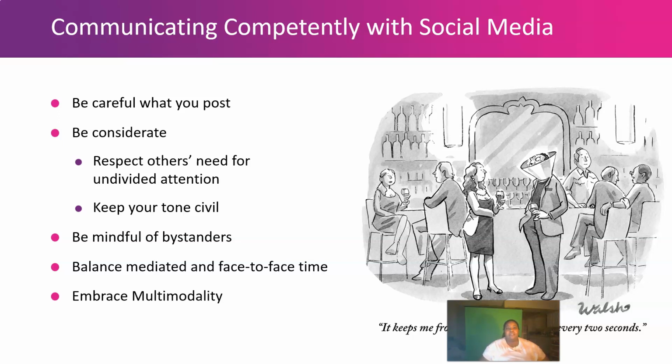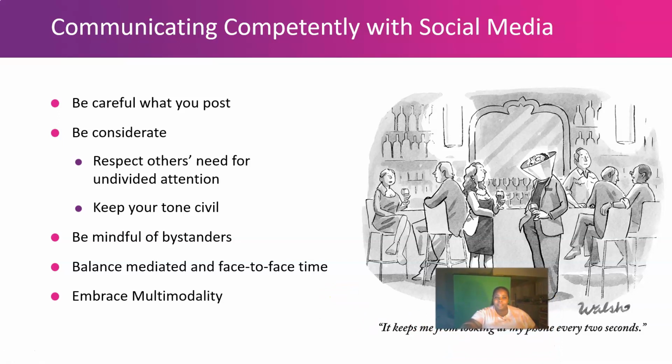If you do get into it on social media, balance the face-to-face time. It might be more challenging than others, but if possible, try to balance those things out and embrace the multiple ways to communicate, because we are communicating in a much more robust and rich and varied space and at different times than before.